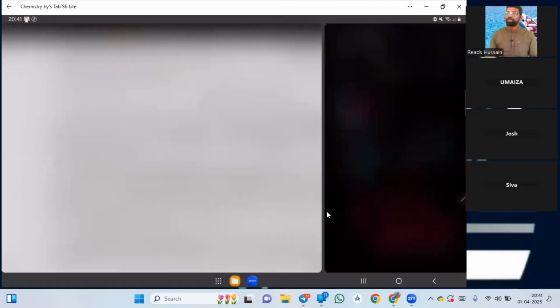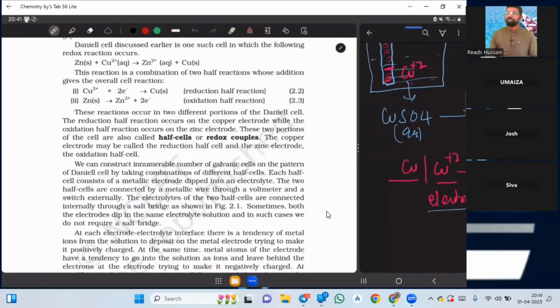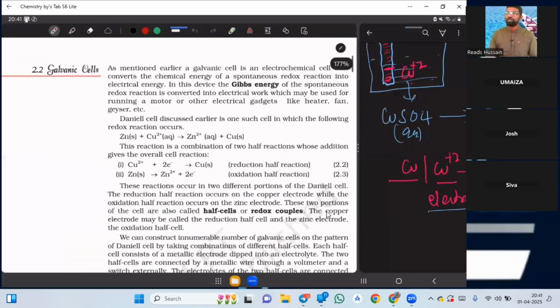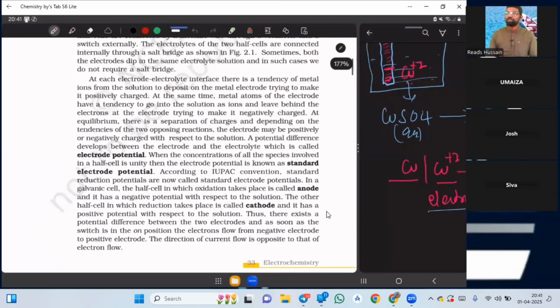Right? So in the previous class, we discussed the galvanic cell. In that galvanic cell, we discussed two electrodes, copper and zinc. The same thing I am going to explain once again here by showing your textbook. See here, a potential difference develops between electrode and the electrolyte. What is the electrode here?